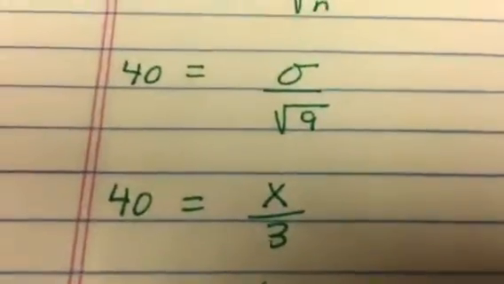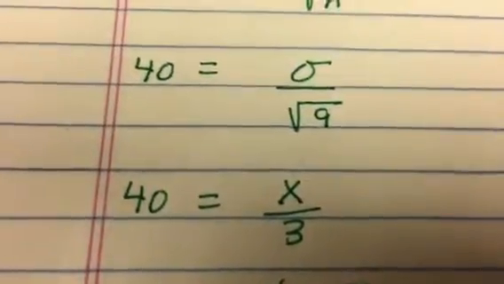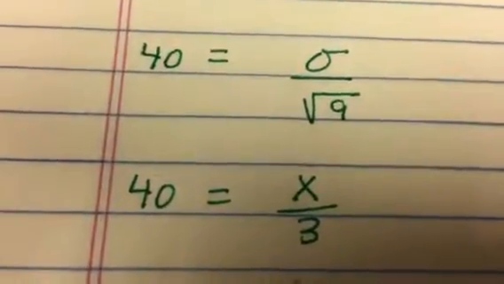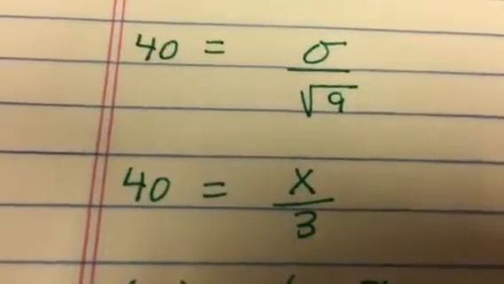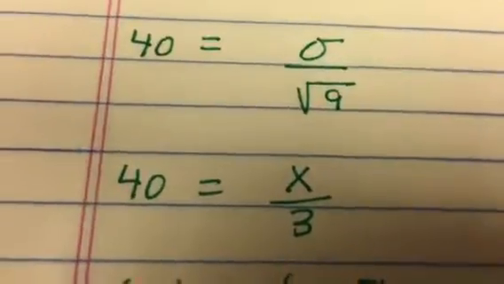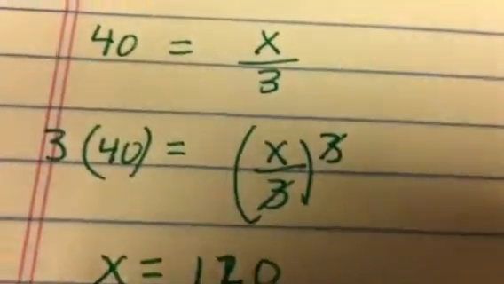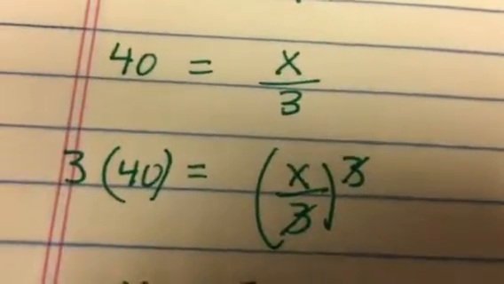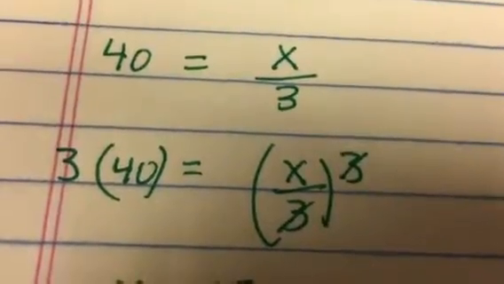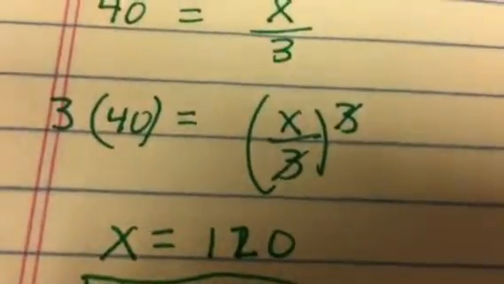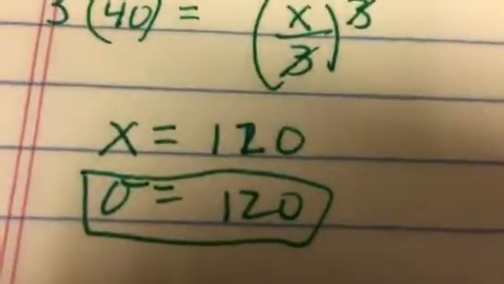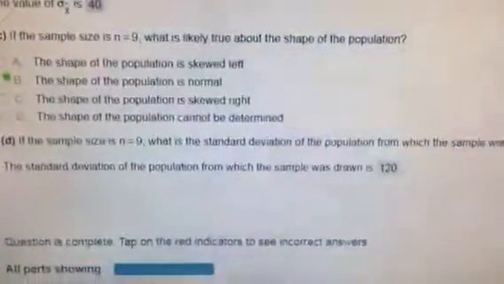To make it an algebraic expression, I just changed my standard deviation to x, and we're going to solve this equation. To solve this, I will multiply both sides by 3. The 3's will cancel out, and you end up with x is 120. And so that is the standard deviation of 120 that we're coming up with in number 9.